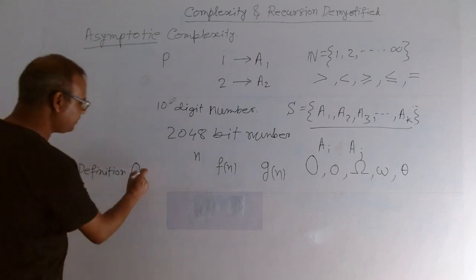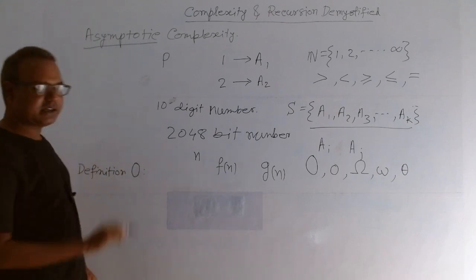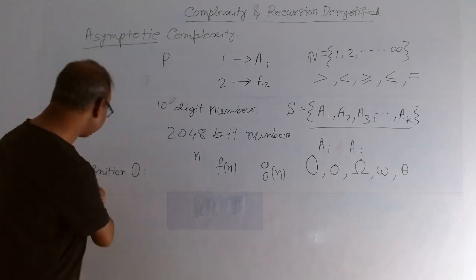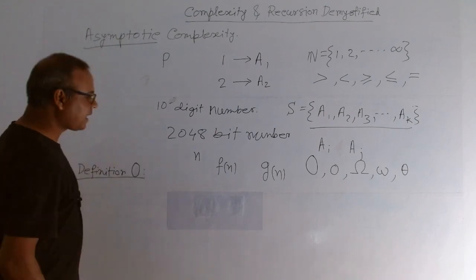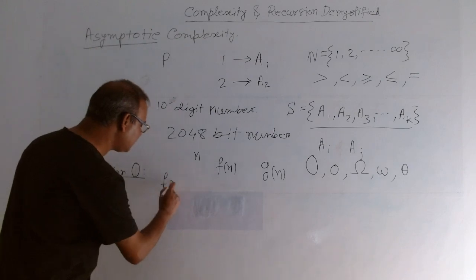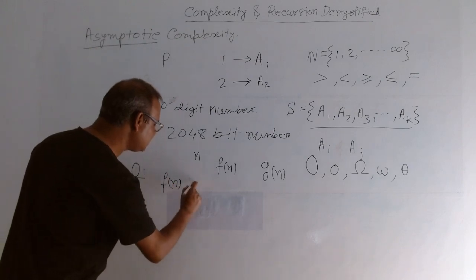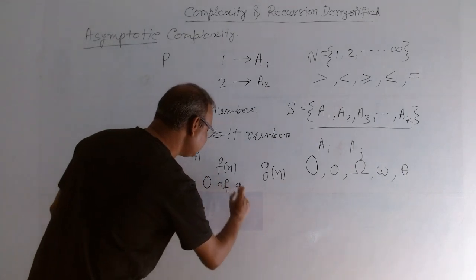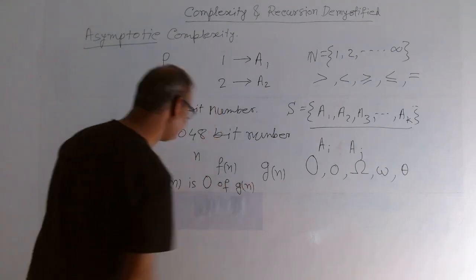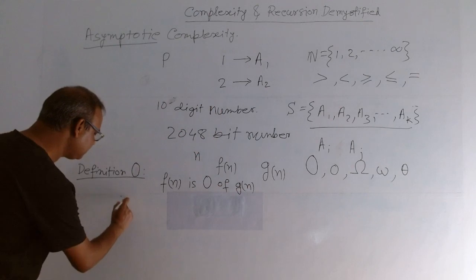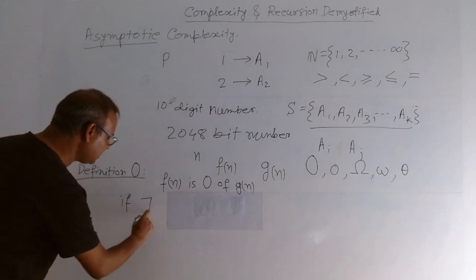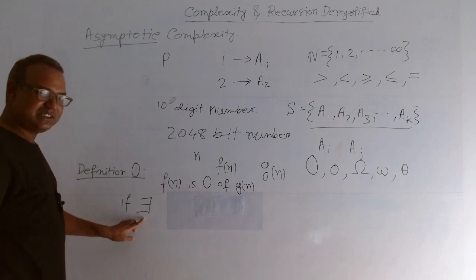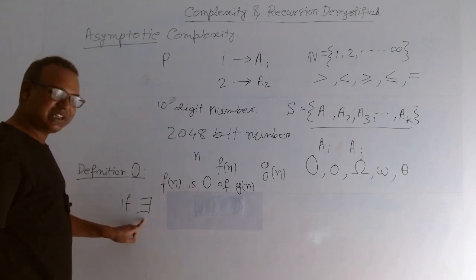Definition of big O. You can spell it like big O, but I am using the symbol. We will say f(n) is big O of g(n) if there exists, you know the symbol, the reverse E. We call it there exists.